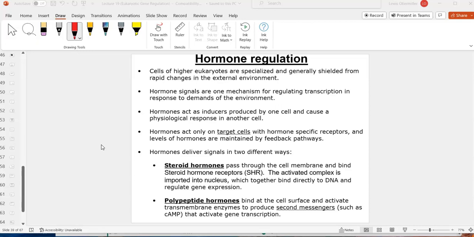So this requires a little bit of knowledge on your part from steroid hormones.